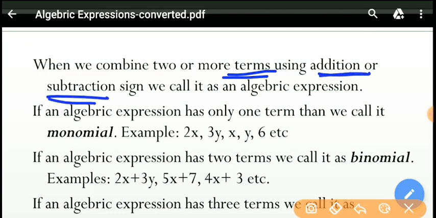We call it an algebraic expression. Very good. What is an algebraic expression? Have we understood? If an algebraic expression has only one term, then we call it monomial. Example, 2x, 3y, xy, 6, etc. I'm expecting that you are not yet understanding what an algebraic expression is.